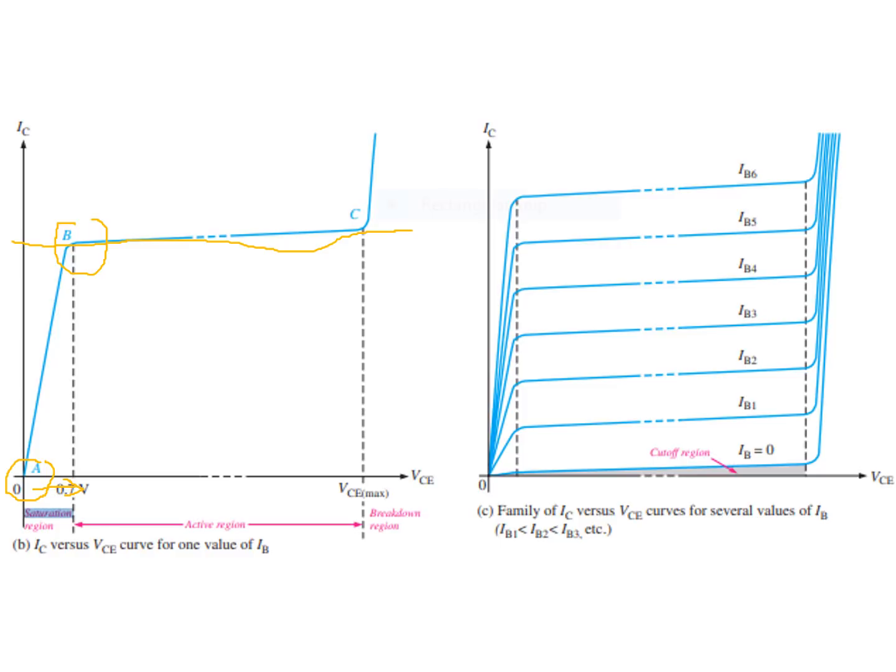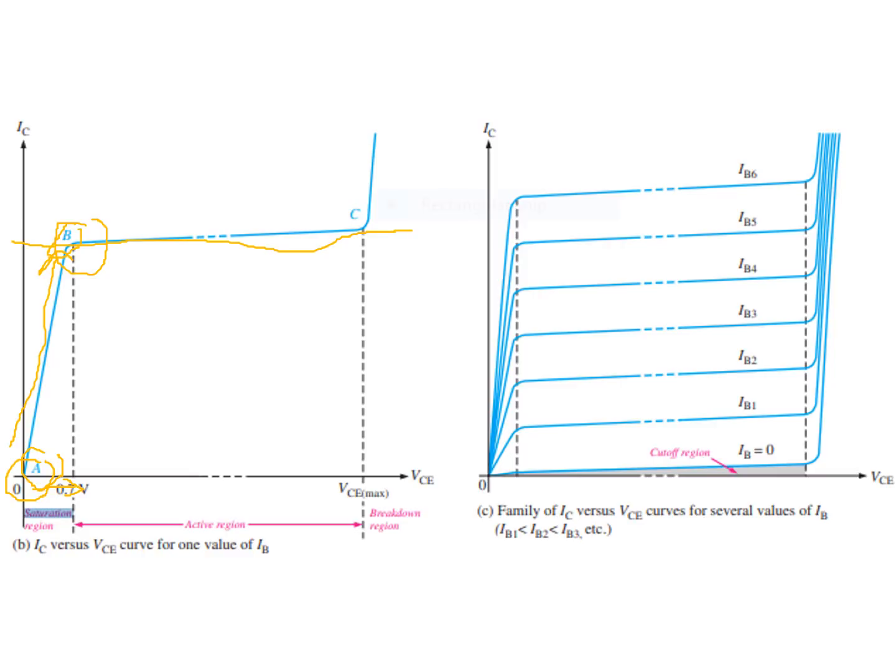So the collector current increases, VCE increases. This is indicated by the portion of the characteristic curve between point A and point B in figure B. So point A to point B is the saturation region.